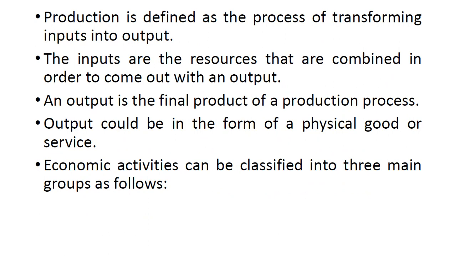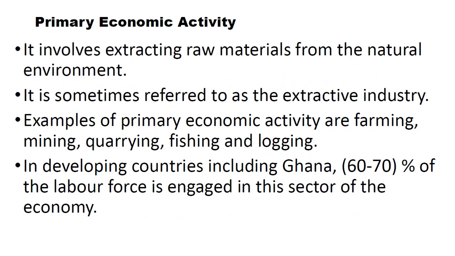When people in society engage in economic activity, we can broadly classify all these economic activities into three main categories. The first one is what we call the primary economic activity. The primary economic activity is concerned with extracting raw materials from the natural environment. So we have farming, for instance.